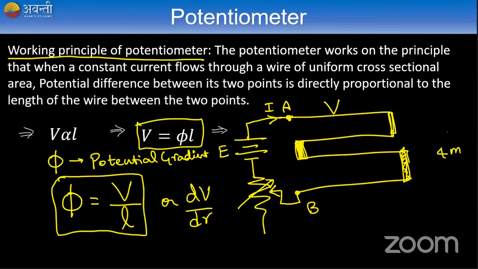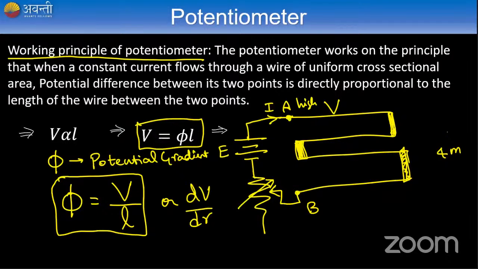Now if we know the value of potential gradient, can we find out the potential at any point in this 4-meter wire? The value of potential at point A will be very high, and as we go along the length of the wire, what happens to the potential, guys?